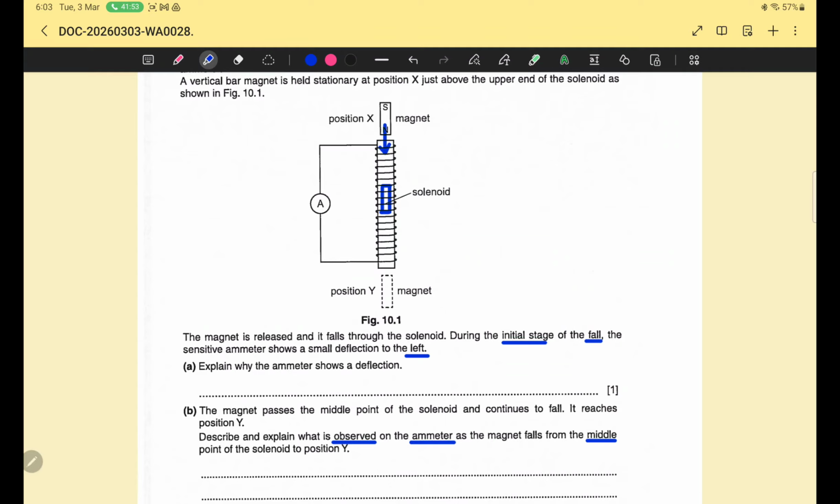Yes, number one, you are right. When it enters, obviously it is slow. When it is slow, there is less deflection. And when it crosses the middle point, its speed is quite fast, and when it is at the bottom, it will be fastest. When it is fastest, there will be greater deflection.